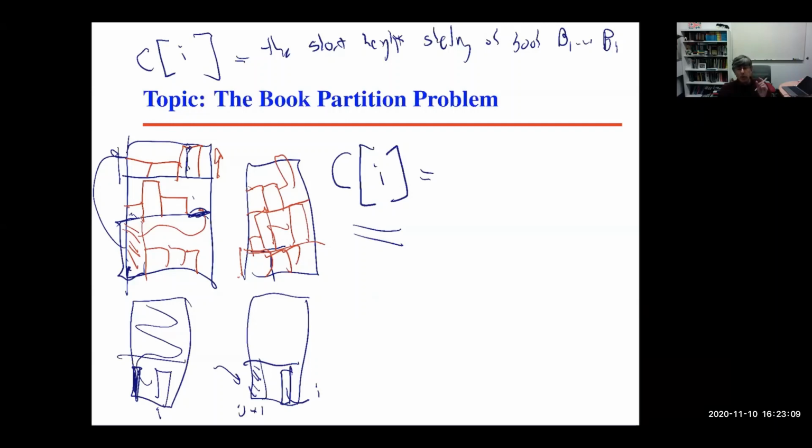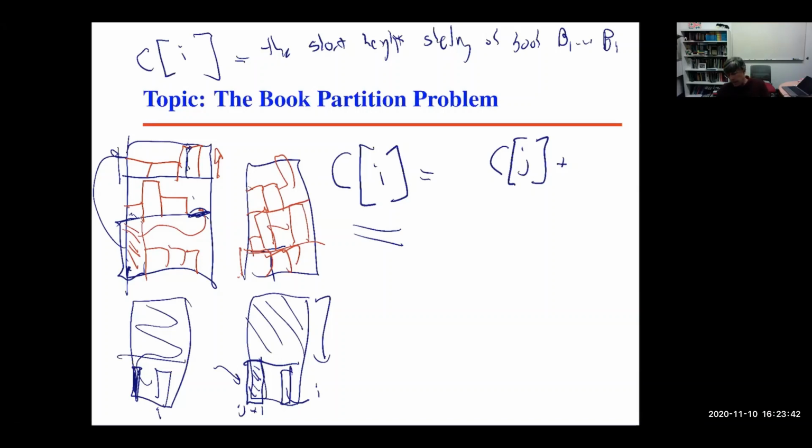What is the cost of my solution if the first book is going to be at position J plus 1 on the bottom shelf? Does anyone have an idea? I think it is going to be the height of the best possible way to file the first J books plus what?